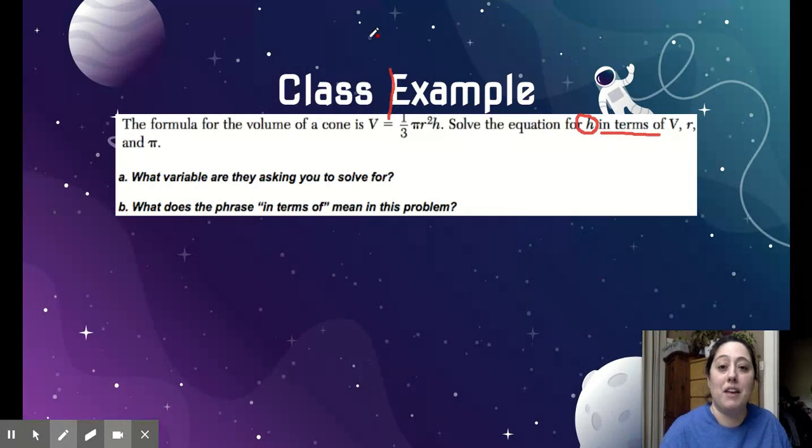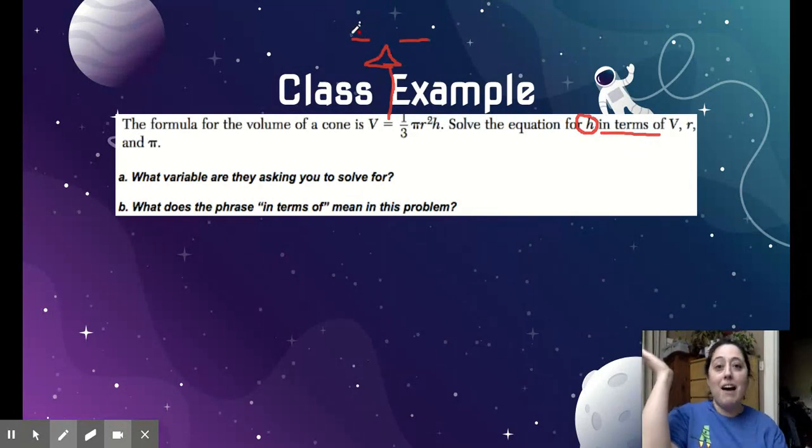If you have a scale, you guys have probably seen scales. I'm probably not drawing it very well. Looks more like a face to me, right? But if you have things on a scale, what's on one side, in this case V, has to be exactly equal to what's on the other side, which in this case is 1/3 pi r squared h.